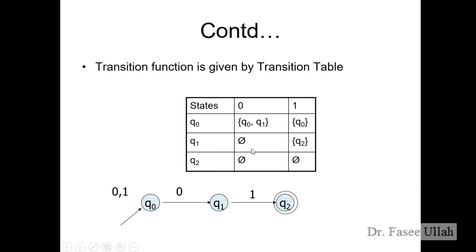This is the empty set. Then we have the transition from Q1 to Q2 on 1. Then for Q2, we do not have any kind of loop or transition to the final step, so we put it empty. So that is the NFA transition table.